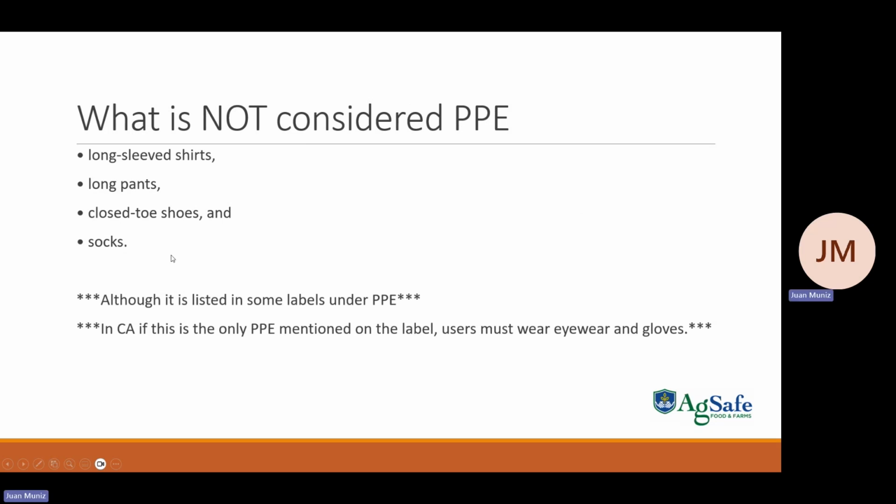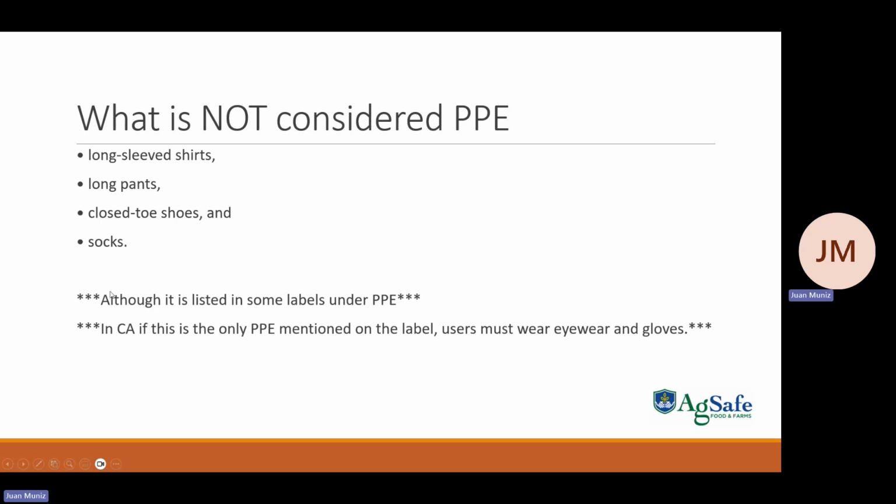So we want to make sure that we understand that what is not considered PPE is our standard work attire. Long sleeve shirts, long pants, closed toe shoes, and socks, although they do serve as a barrier and do help provide some protection, are not normally included for most regulatory purposes as PPE.